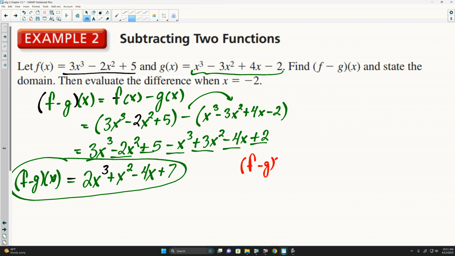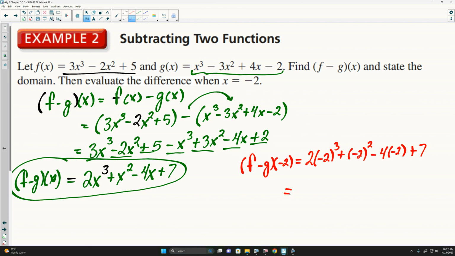Now, they did ask us to evaluate it when x is negative 2. So that's just telling us we have 2 times negative 2 cubed plus negative 2 squared minus 4 times negative 2 plus 7.